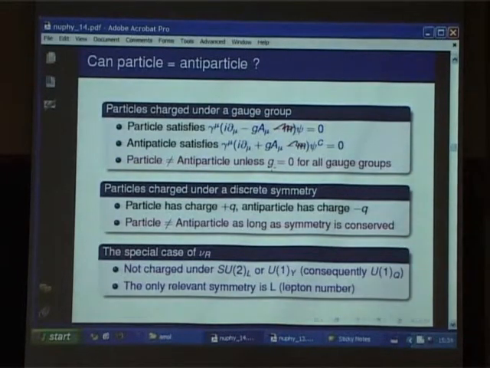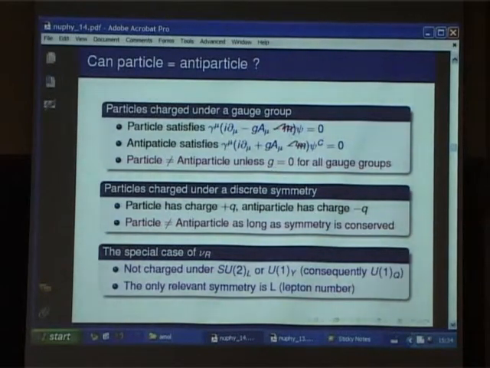So as far as this symmetry is concerned, nothing stops nu R from being its own antiparticle. It's possible. This is a singlet, which means its coupling with everything is 0.